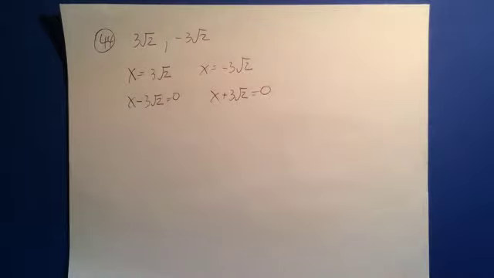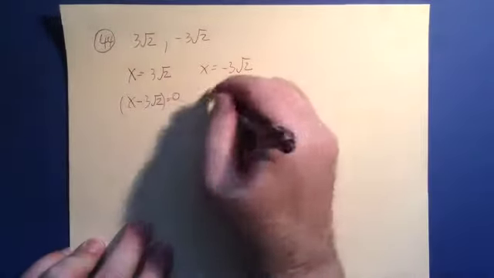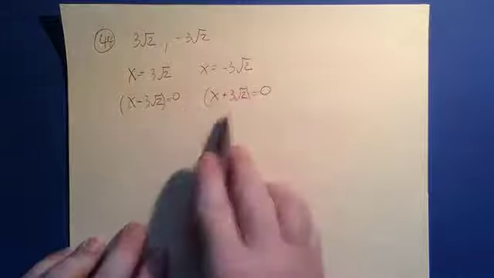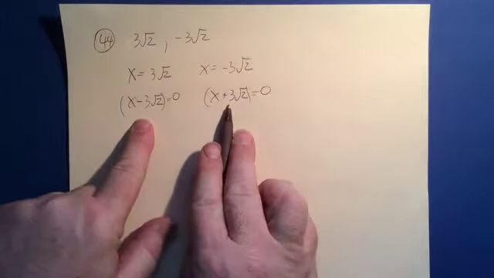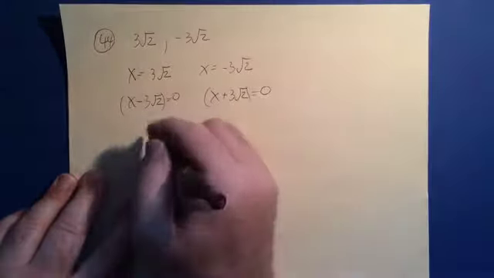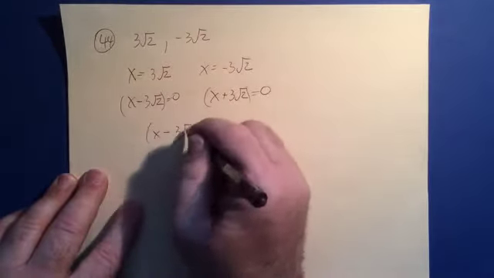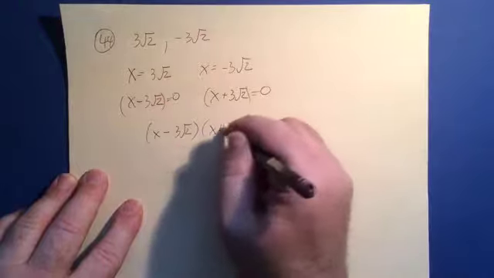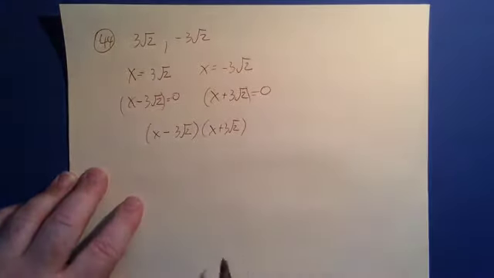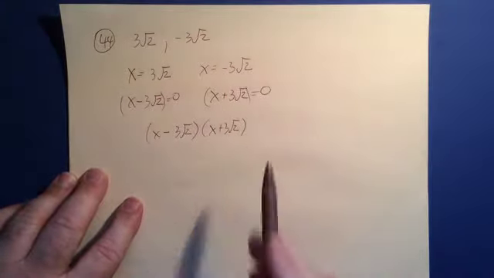Well, let's see what happens when we FOIL these. What you should notice here is that these numbers are conjugates. So when we multiply x minus 3 radical 2 times x plus 3 radical 2, these numbers should come up pretty cleanly.